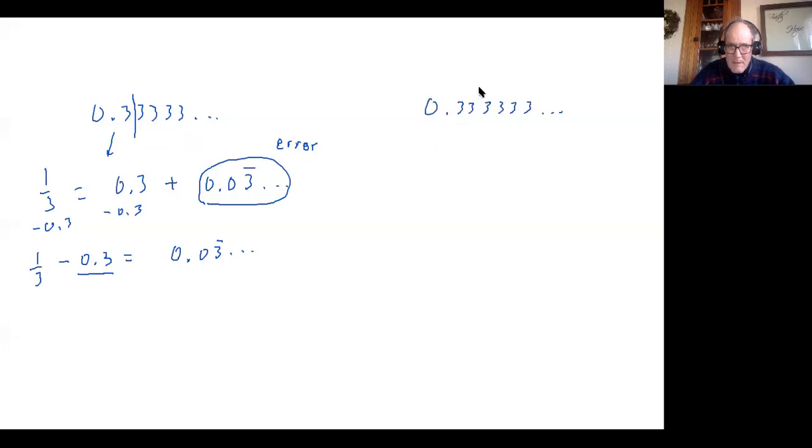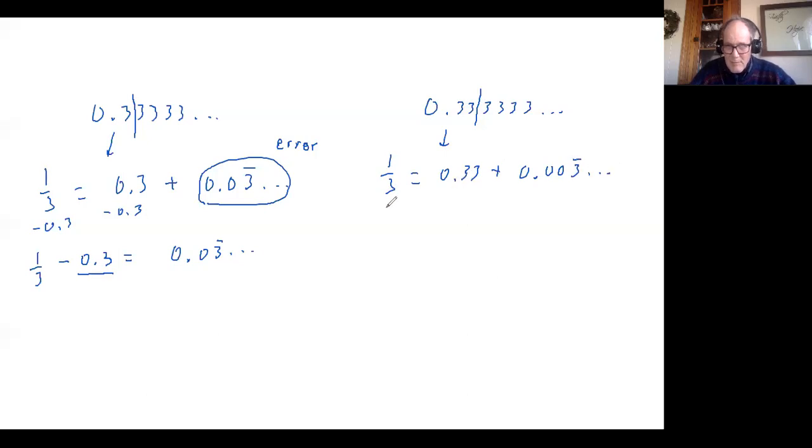We could break it up again, and this time break it up right there. So then I have 1/3 equals 0.33 plus 0.003 repeating.